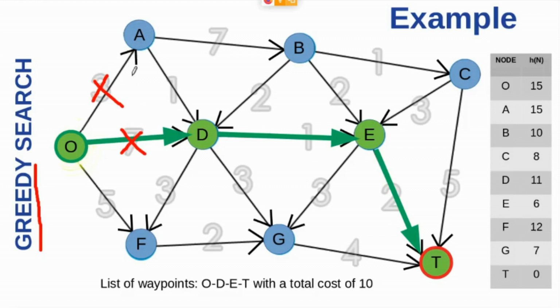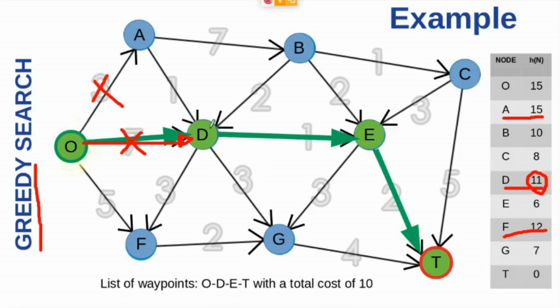So we consider the heuristics of A, D, and F. A is 15, D is 11, and F is 12. So the smallest value is 11, and that's why we choose O, D, right?